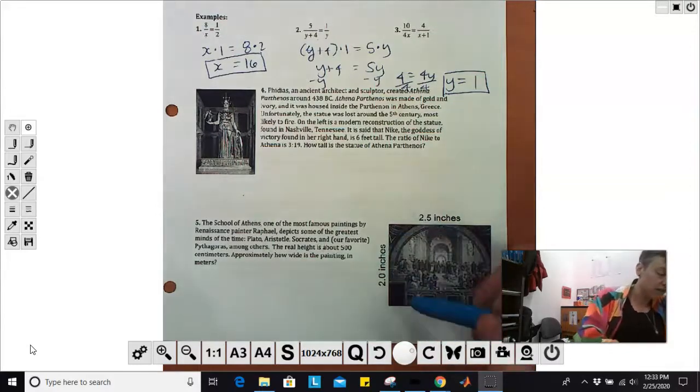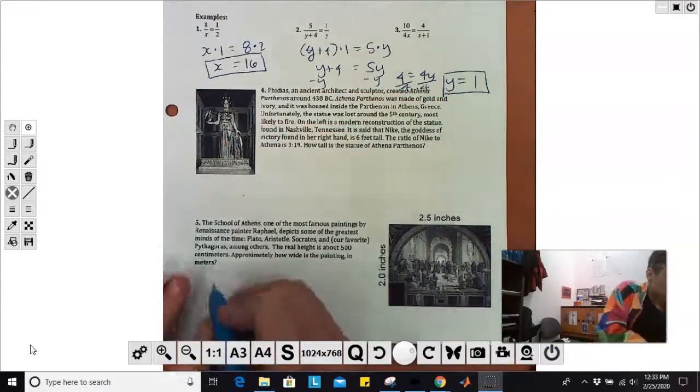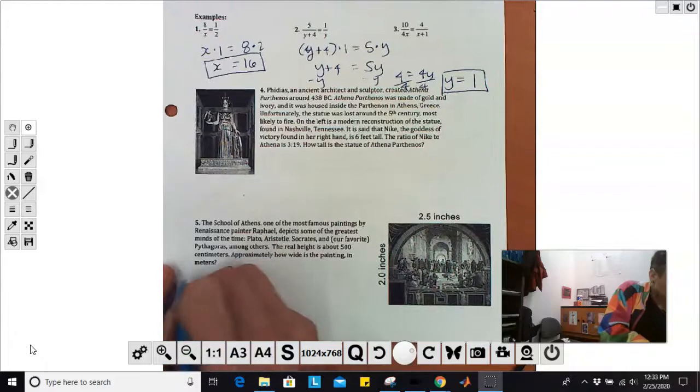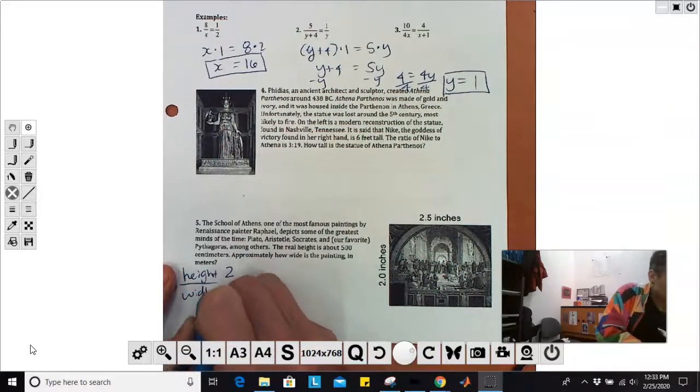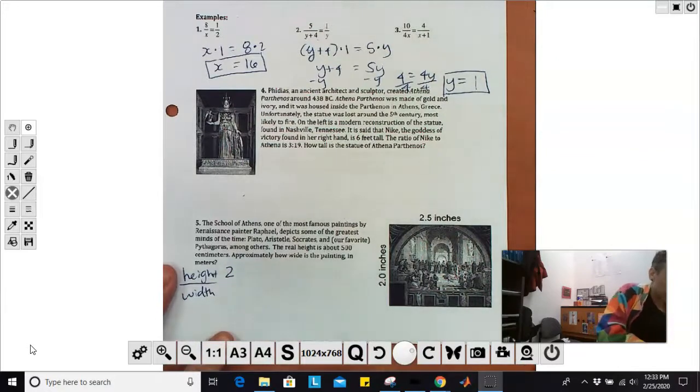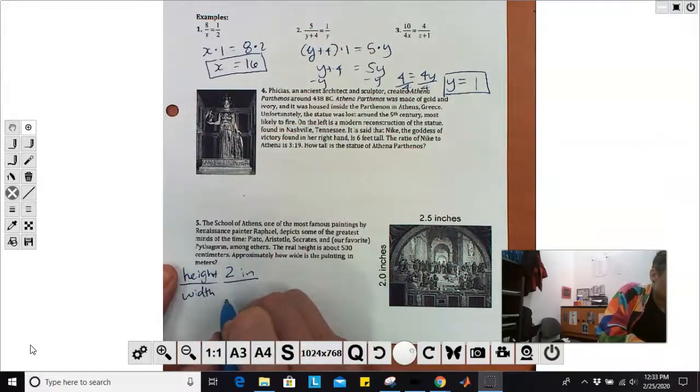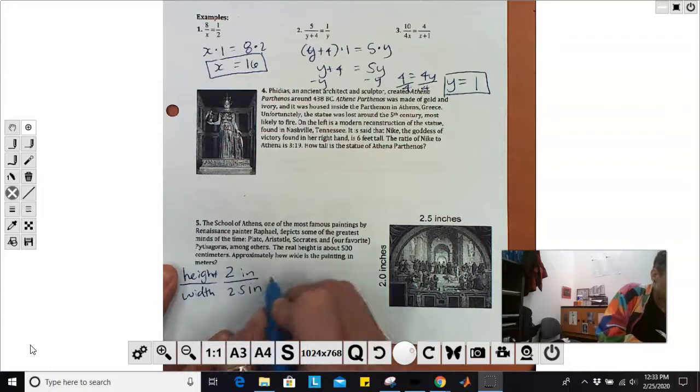So we have the height versus the width. Let's do height over the width. Okay, so our height is 2 inches. Our width is 2.5 inches.